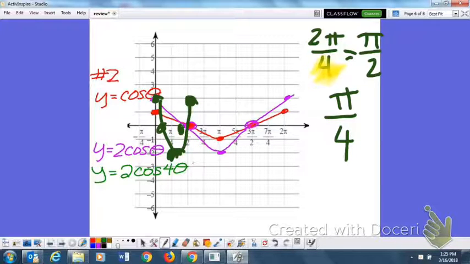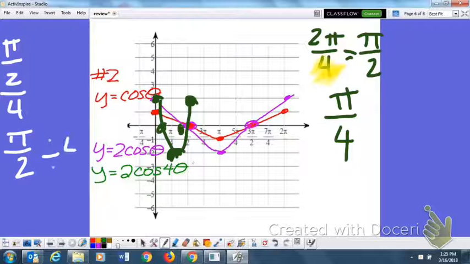So to get that pi moved to pi over 4, I divided by 4. We're going to do the same thing for pi over 2 just so I can prove to you where that point is. We already drew it, but I want to show you why. If I have pi over 2 divided by 4, does that look nice? No. So I'm going to rewrite it as pi over 2 divided by 4. What can I put underneath the 4 to make it a fraction? A 1.